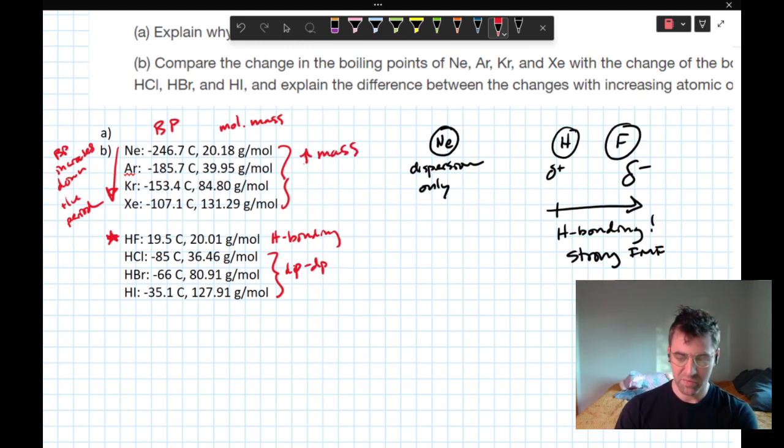We have increased mass as we go down, but we also have increased polarizability. And polarizability is the tendency of the electrons, and actually, let me just look up the definition so that I don't get that wrong. It's the tendency of one atom to be influenced by the other. I think it's the electron specifically, but I want to be totally sure here.